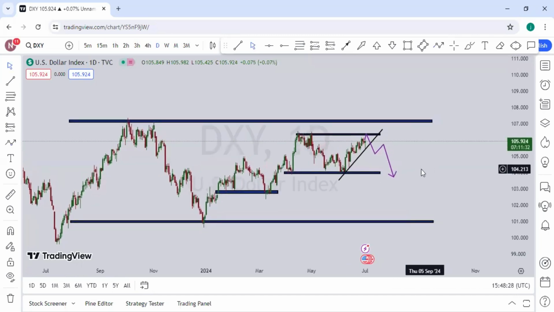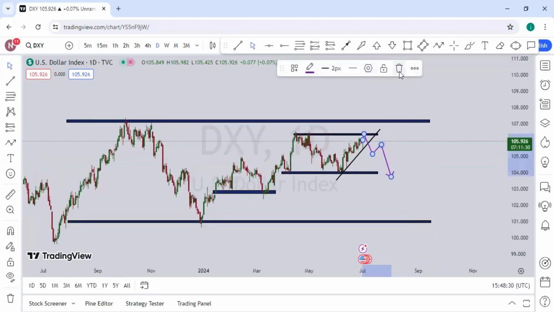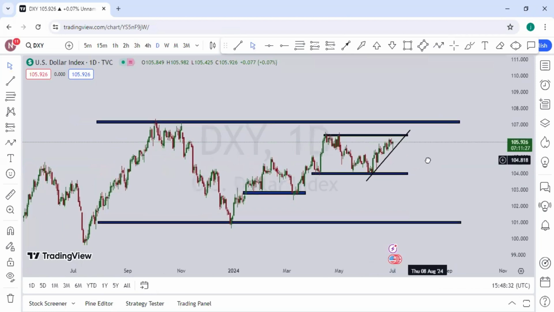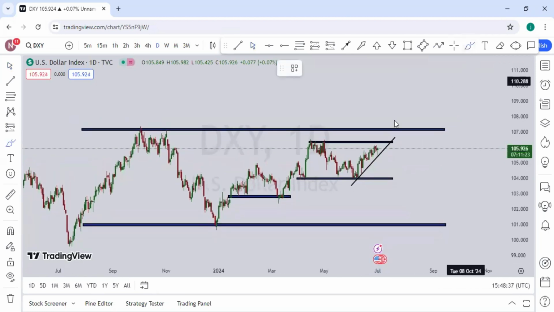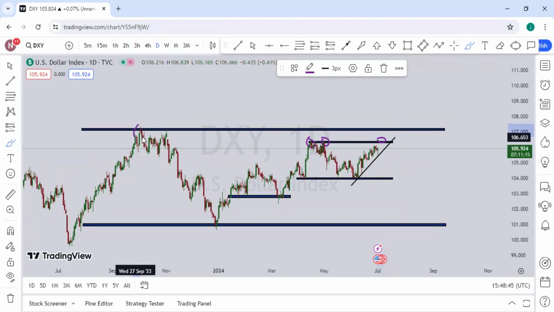So that's one of the expectations that I'm waiting to see on DXY. Also, if the market does not respect this area, I will wait to see what will happen at this major zone around here at the top.